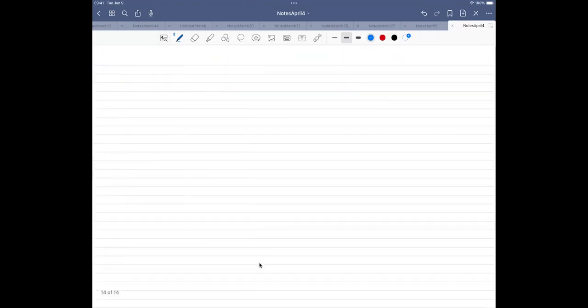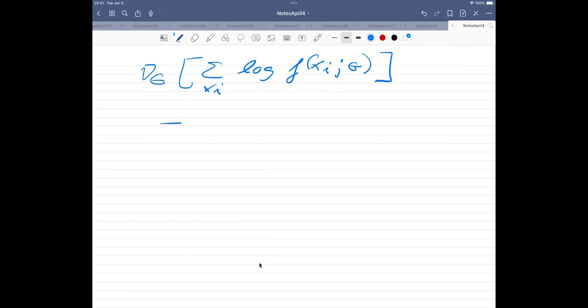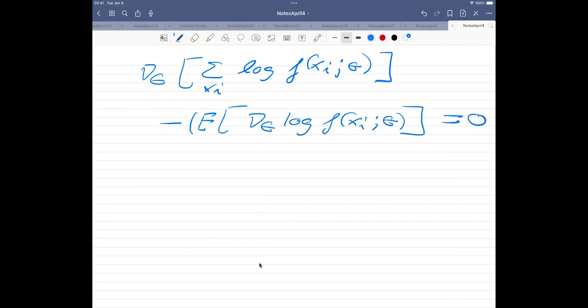So this derivative, which we need to set up, is the derivative of d of theta, and then we are going to have a sum over the x_i values of the derivative of log of this function f of x_i with respect to theta, minus the expectation value of the derivative of log of f of x_i. And we want that one to be equal to 0.